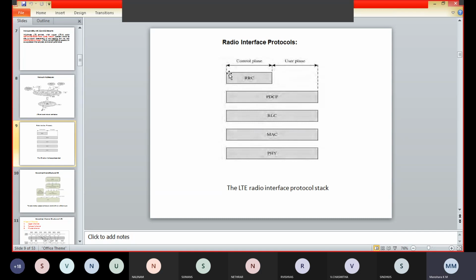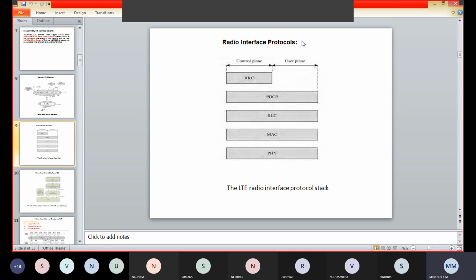Here, as in the other communication standards, the LTE radio interface is designed based on a layered protocol stack, which can be divided into control plane and user plane protocol stacks as shown in this figure. You can observe this is the control plane and user plane.